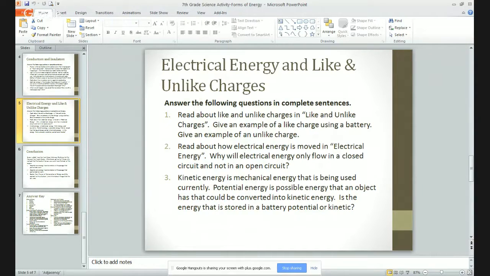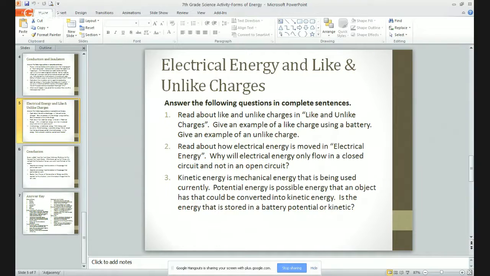So your unlike charges are going to be a positive and a negative. And then the like charges are going to be two positives together or two negatives together. So, number one, you're giving an example of a like charge using the battery, and then you're giving an example of an unlike charge.